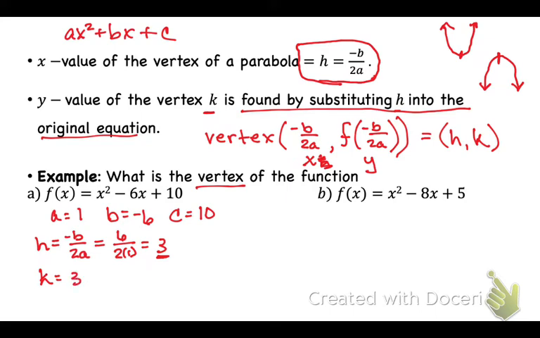So 3 squared minus 6 times 3 plus 10. So 9 plus 10 is 19, right? Minus 18, if I'm doing my math right, is what? 1. So the vertex is 3, comma 1.